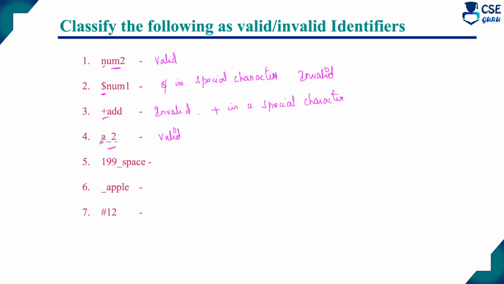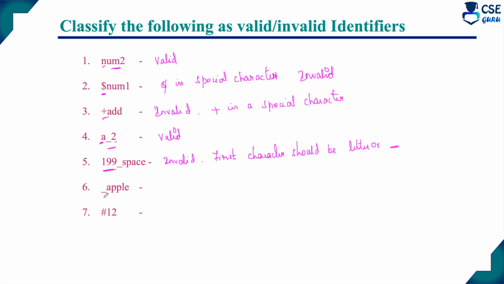And here the first character is a letter or underscore. No white space or special characters here. So this is valid. And the fifth one, if you are considering, is invalid. Why? The first character should be a letter or underscore. But here it starts with a number, so it is invalid.